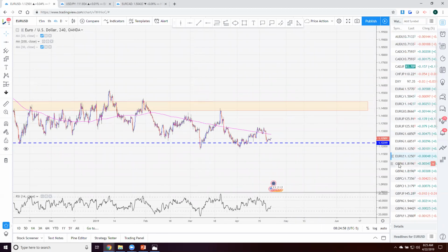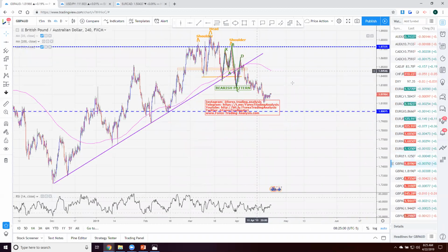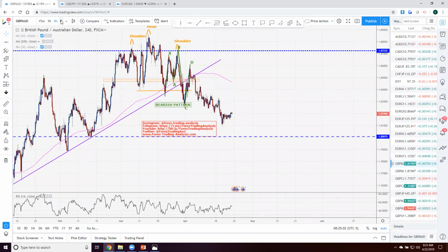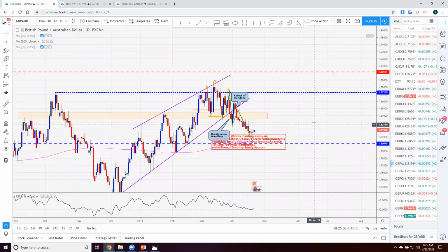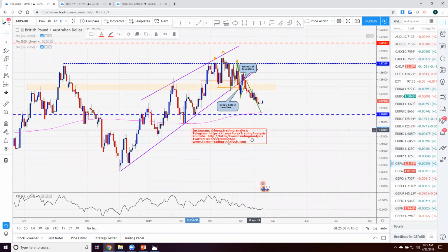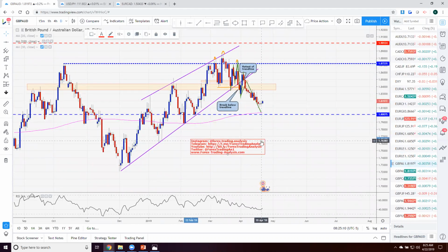Too much choppiness. Down Aussie. I apologize. Sometimes with my lower time frame analysis, I don't always take the time to go back and hide them to look at the daily.